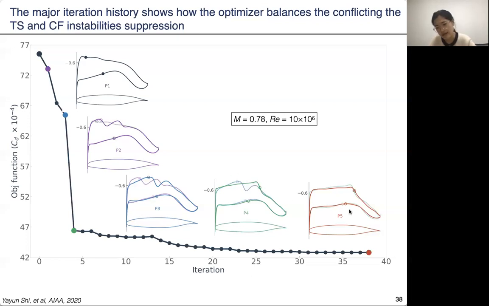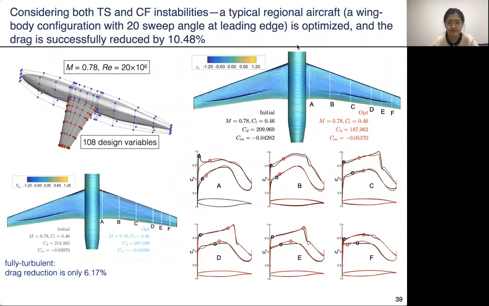And the last one, the optimizer tries to lower the pressure drag. This comparison shows how the optimizer balances the conflicting TS and CF instabilities, and also shows our framework can balance both the pressure drag and the friction drag.